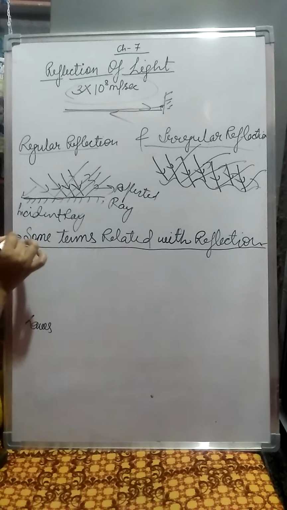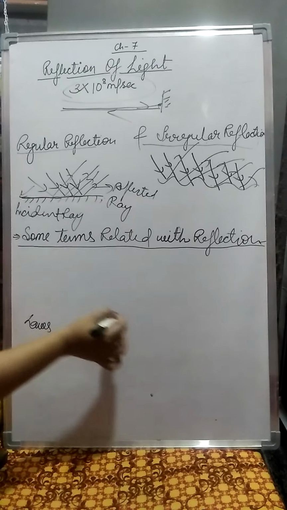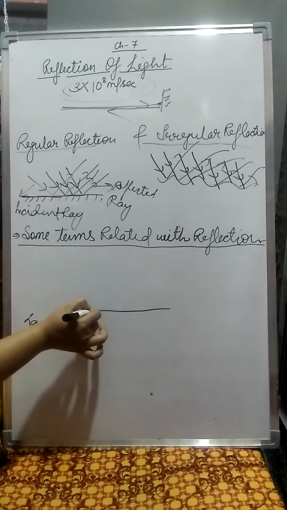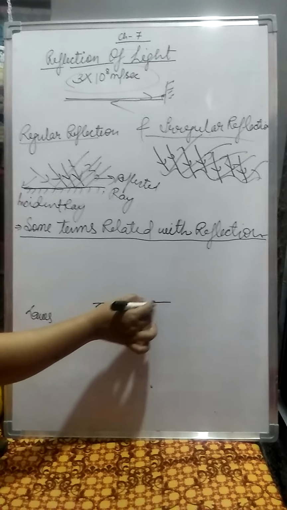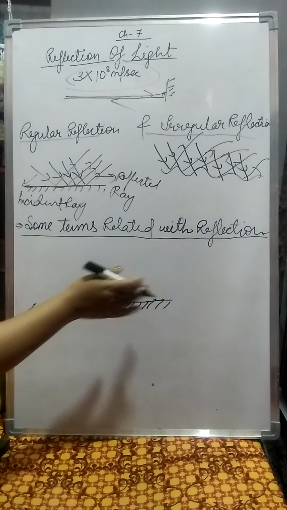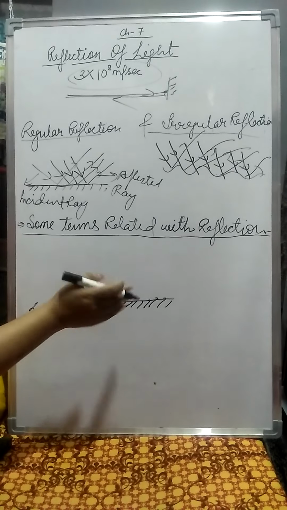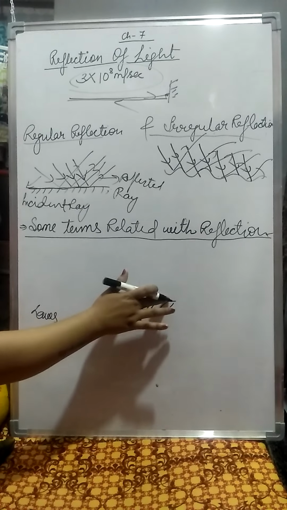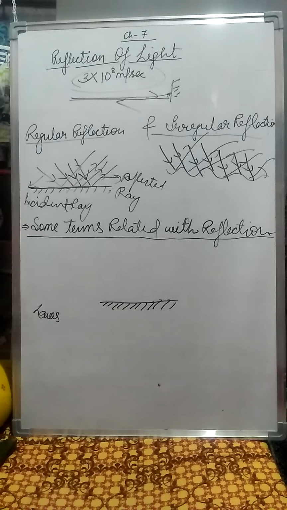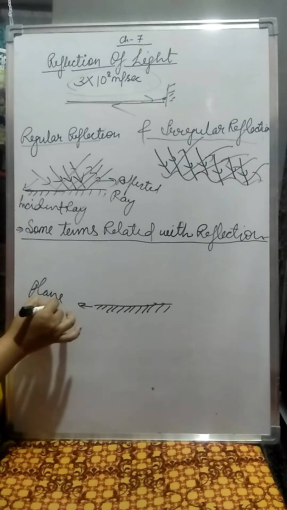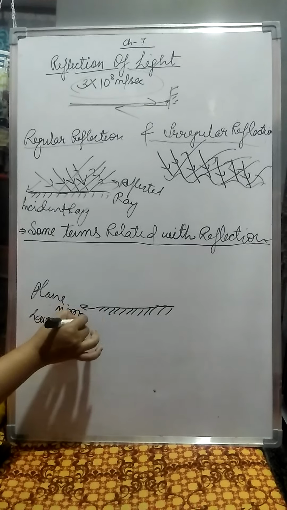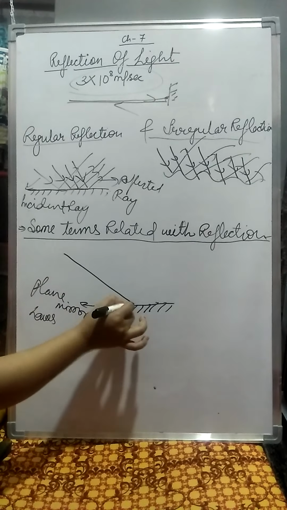Next, we have some terms related with reflection. First is plane mirror. What is a plane mirror? It is made by taking a shiny or smooth surface which is polished from the other side, and regular reflection takes place from it. This is the plane mirror. The light ray which strikes the plane mirror is called the incident ray.